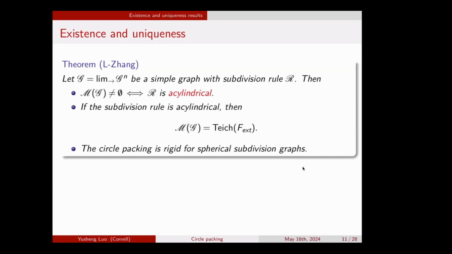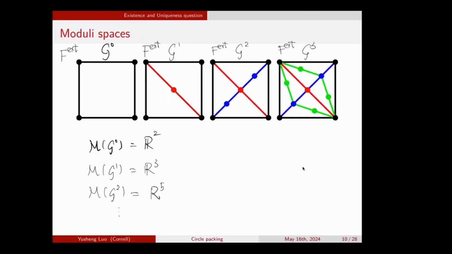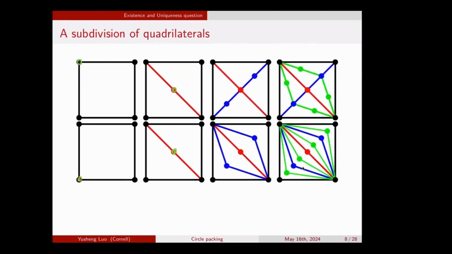There exists a circle packing with this infinite graph as its combinatorics, if and only if the subdivision rule is asymmetrical. I will tell you the definition of asymmetrical in a moment. Let me just tell you that the first example is asymmetrical, while the second example is not asymmetrical, so it's symmetrical.